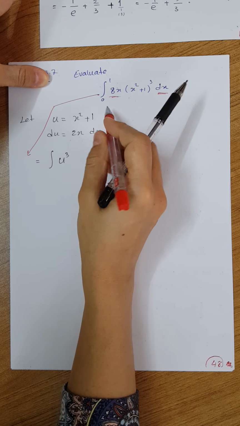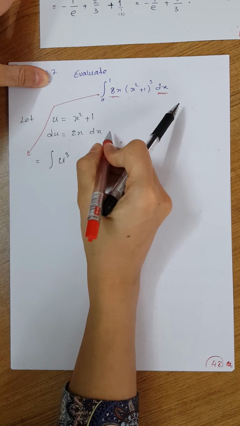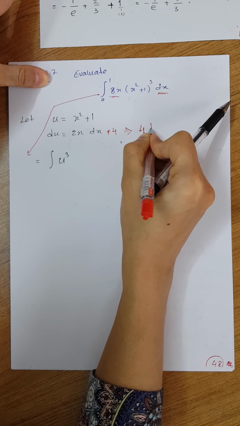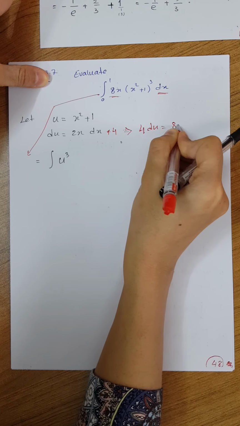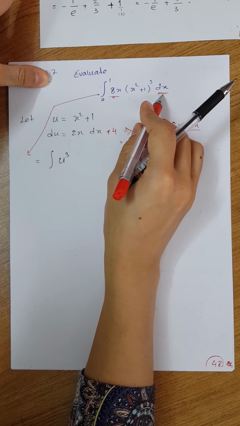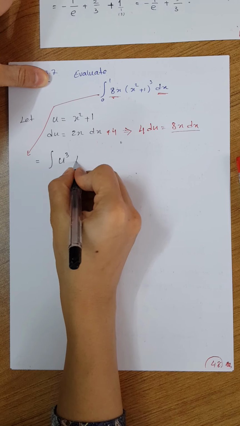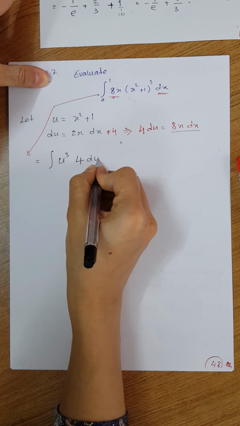So instead of that 8x, I have got 2x here. If I multiply this one by 4, I will get the 8x that I need. So that will be 4 du is equal to 8x dx. So to change that 8x dx into forms of u, that's equal to 4 du.